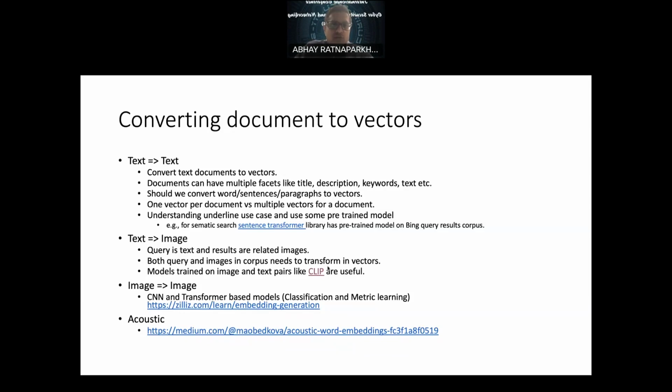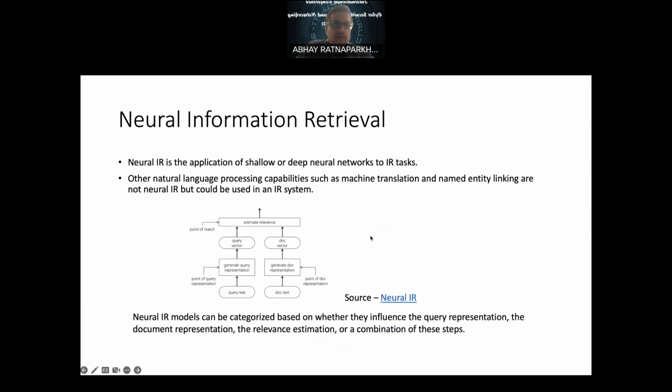Okay, so let's move to the next slide. The next one is neural information retrieval. Basically, using neural networks in the information retrieval task, that's neural information retrieval. In the traditional search, we have a query and doc text.